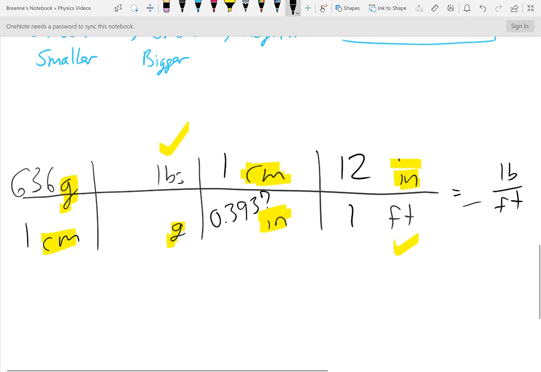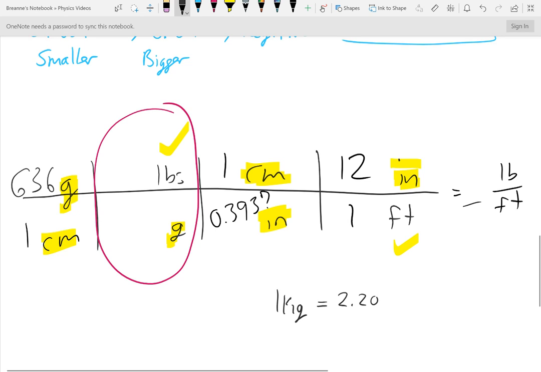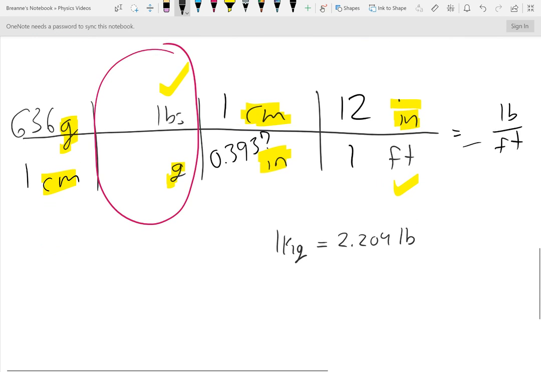And then this is the one that stumped a lot of people. Because if you look in your cheat sheet, there is a conversion from pounds to kilograms. So for 1 kilogram, that equals 2.204 pounds. But we don't have kilograms, we have grams. But we have that 2.204 pounds given to us.